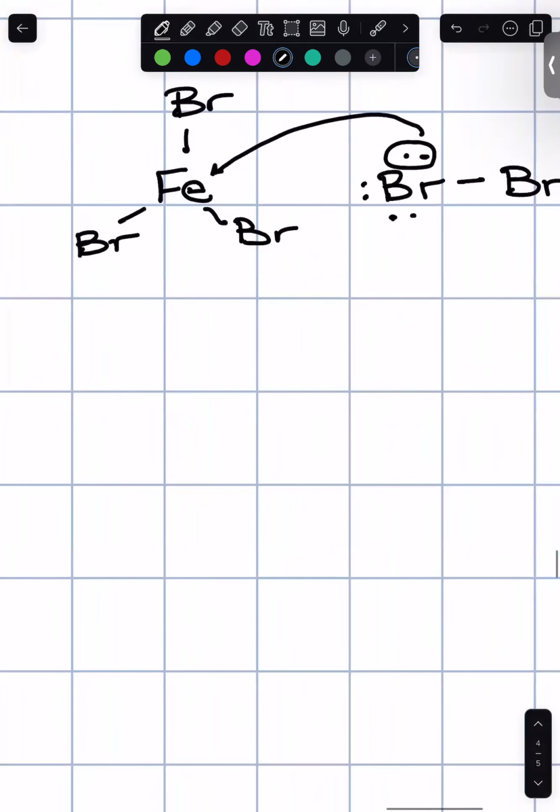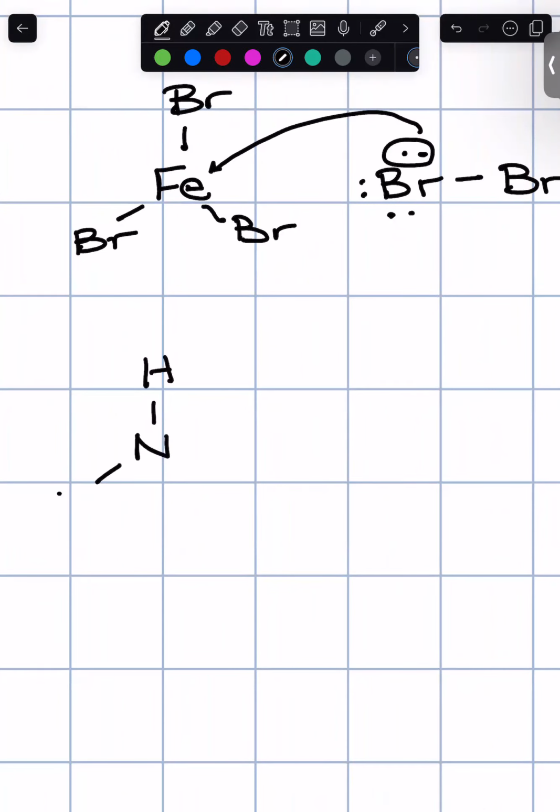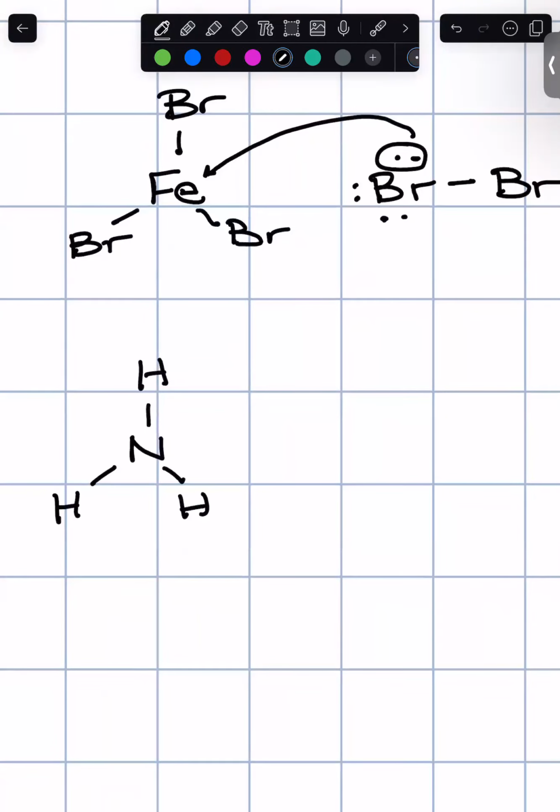When we're looking at Lewis bases, another good example would be ammonia, NH3. This doesn't really look like sodium hydroxide, but you've seen me use it multiple times. Ammonia has a lone pair on it right here.